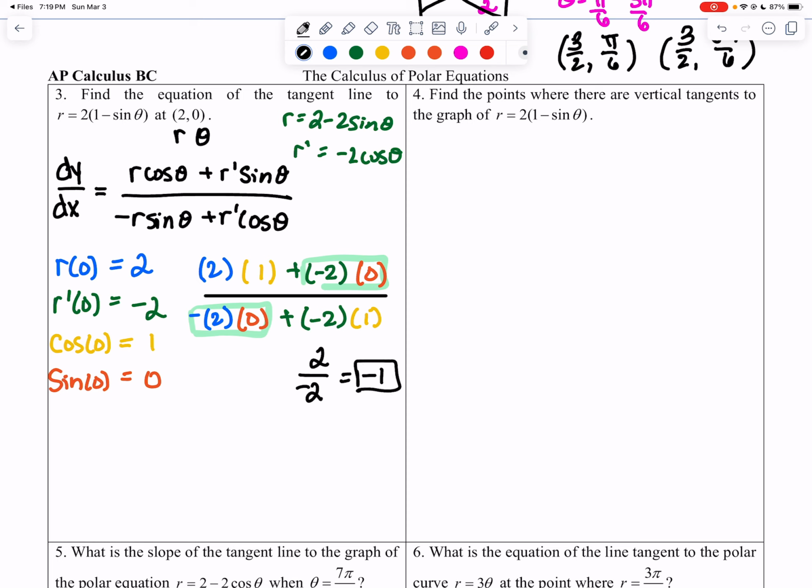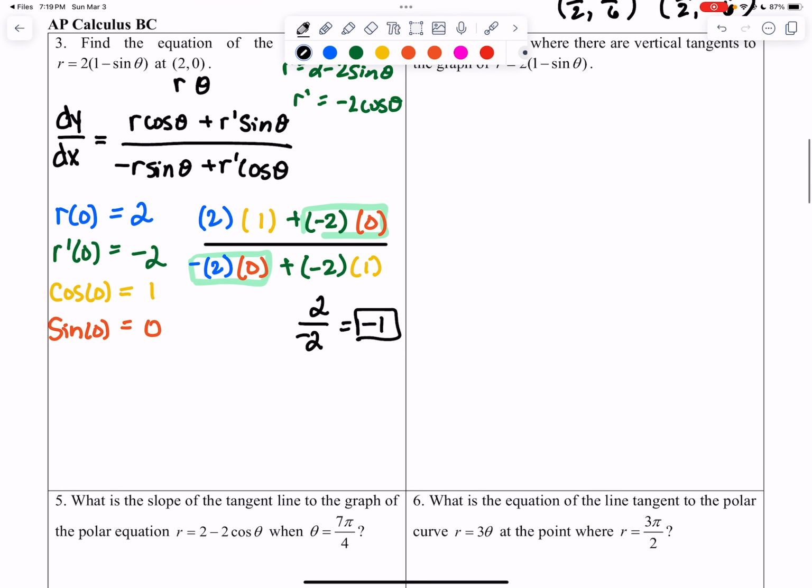Now, for number 3, because we are trying to find the equation of the tangent line, we want the tangent line to be in a rectangular equation, a rectangular coordinate. So what we need to do here is figure out what x and y are based off of what we know of r and theta. So remember that x is equal to r cosine of theta and y is equal to r sine of theta.